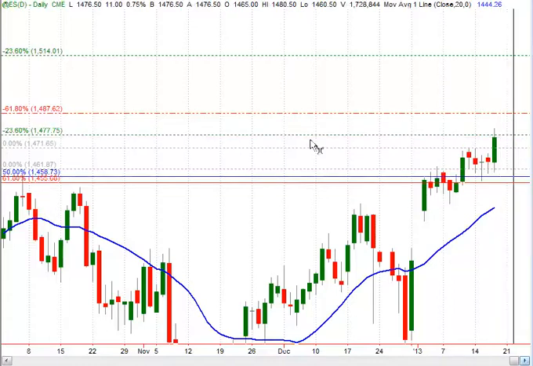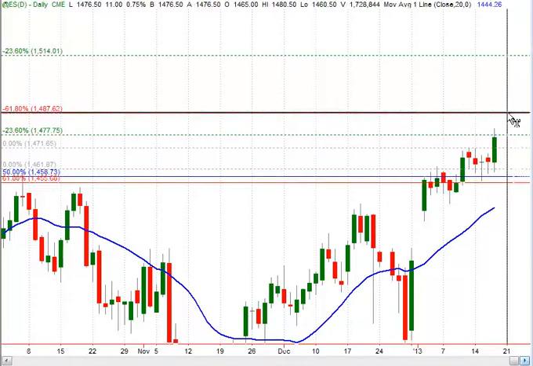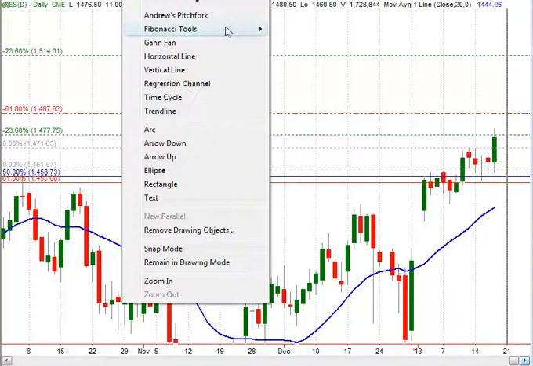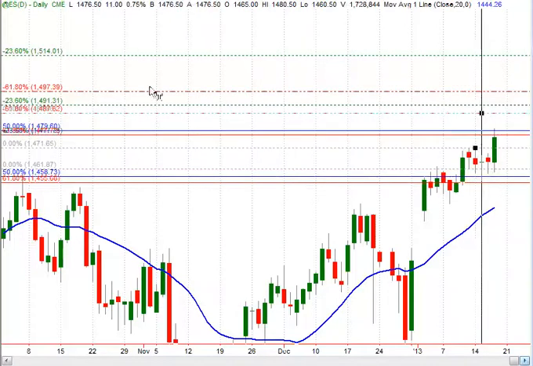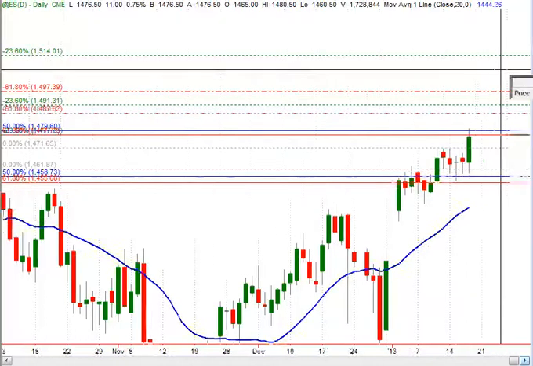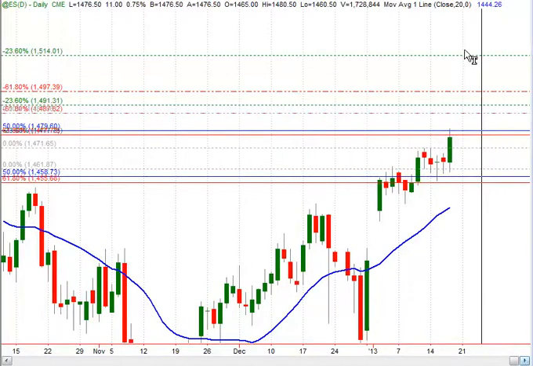So we have a second target here in the 1,487, and that's where we could see price going, and after that we could actually continue higher in extensions towards that 1,510, which we could reach early in the year.